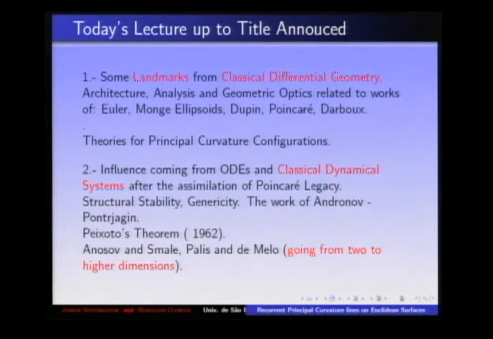My strategy here is to quote as many people as I can in the audience, to prevent them from sleeping. Then Palis and de Melo will come just to prepare ourselves for new flights, to leave 2 dimensions and 3-dimensional space and project into higher dimensions. Right?